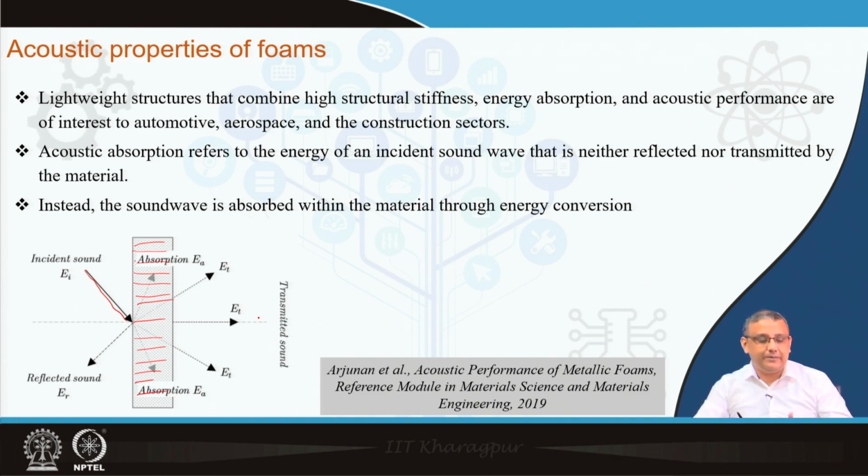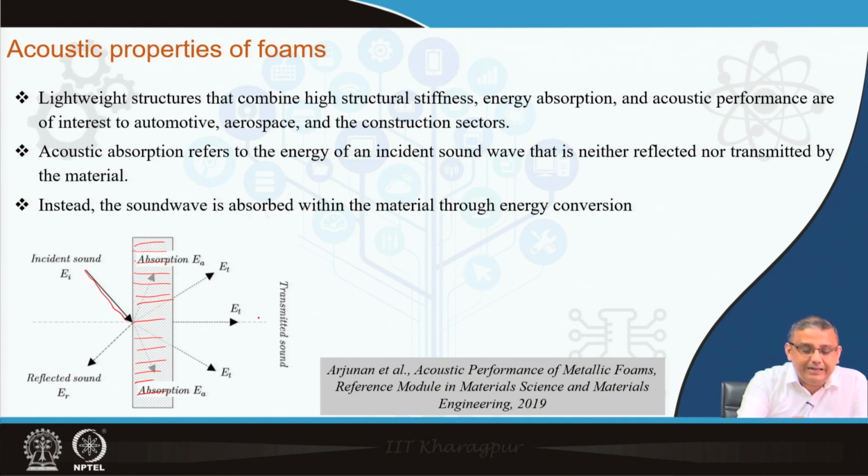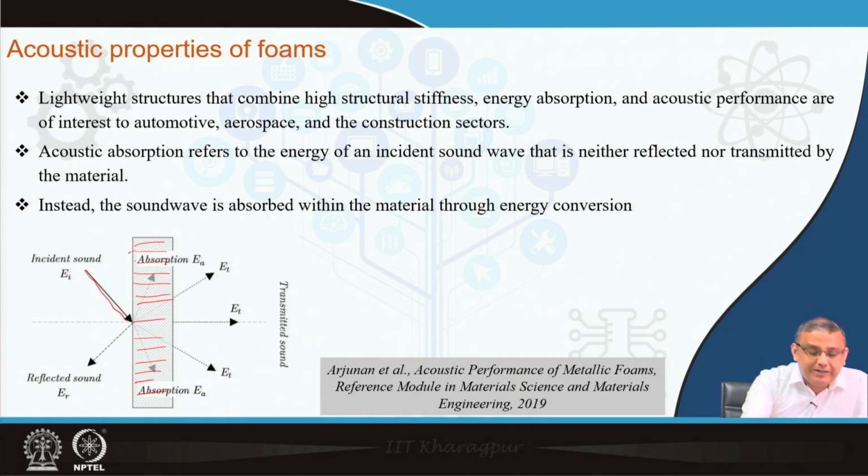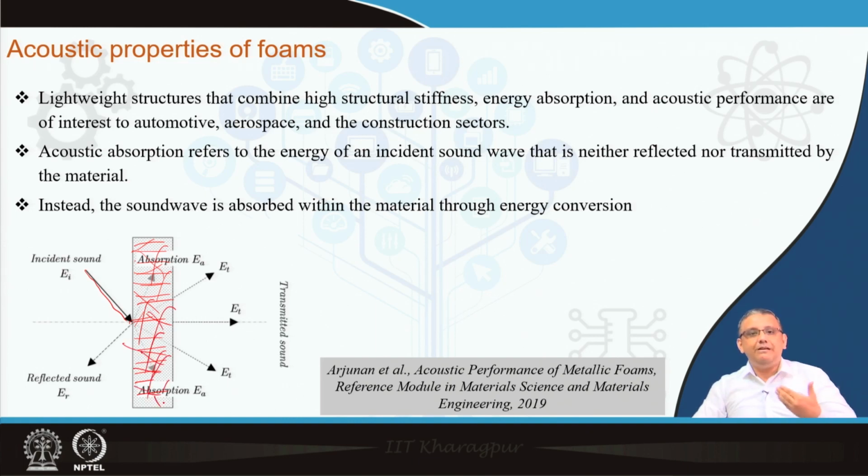And for that we first of all need an open cell structure, and then we typically need a structure with continuous tortuosity. That means we need a structure where the cell walls or struts have continuous dimensional changes, and these will make a lot of reflections and absorption.